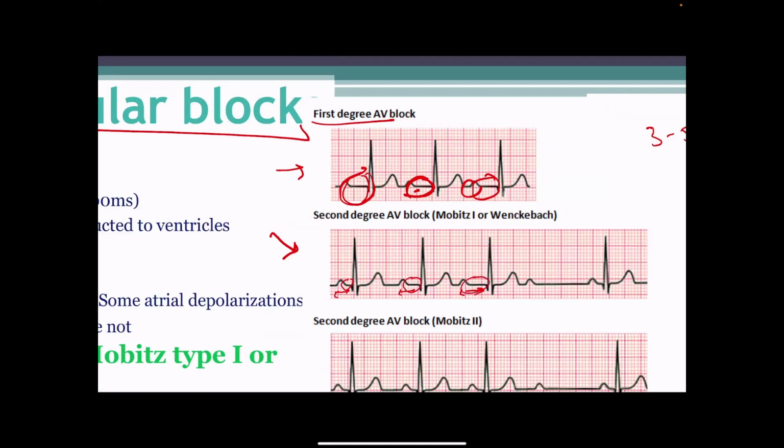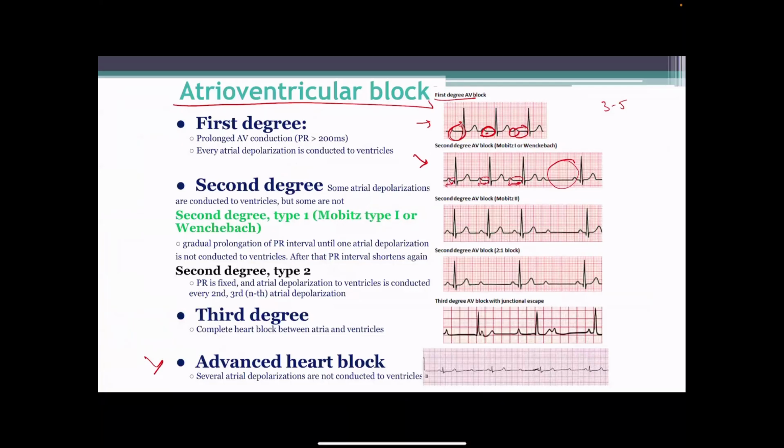Then you have a P wave and there's no QRS complex. It's just dropped. So this is what we call a 1, 2, 3 drop, okay? Second degree type 1 is where the PR interval progressively gets longer until it drops the beat. We call this beat drop, or 1, 2, 3 drop. It has other names, which are Mobitz type 1 or Wenckebach block.